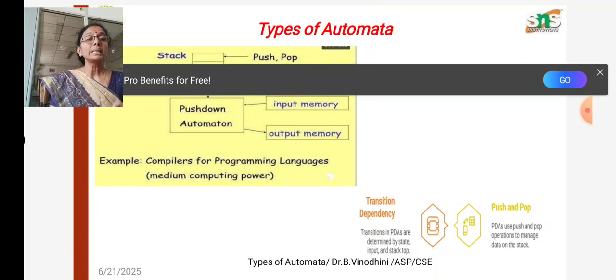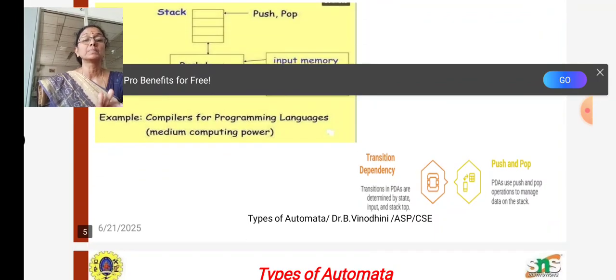The stack contains push and pop operations to manage the data on the stack. When we are reading the input, we push. When we are writing, we delete, which means we pop the corresponding input from the stack. So the transition of the PDA depends on the states, input and the stack.